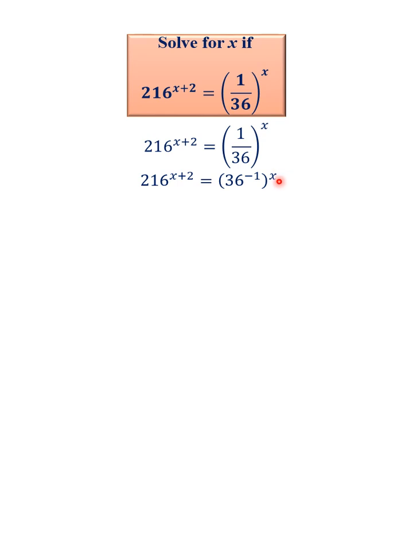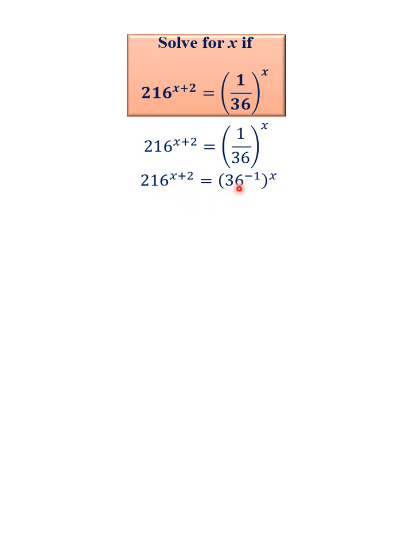At this point, we want to solve further by trying to reduce both sides of the equation to the same base. This is in base 216, this is in base 36. We want to make both of them to be in the same base. However, we cannot break 216 down to the base of 36. So we have to look for other bases that are possible within 216 and 36.